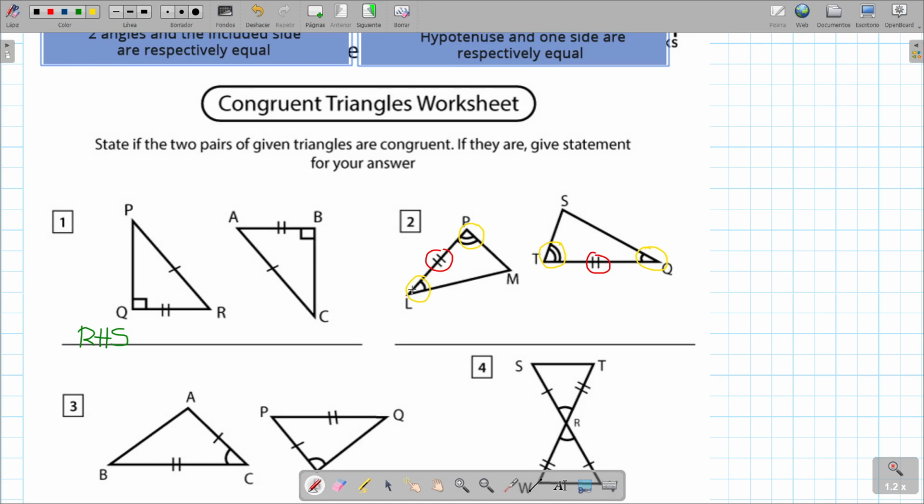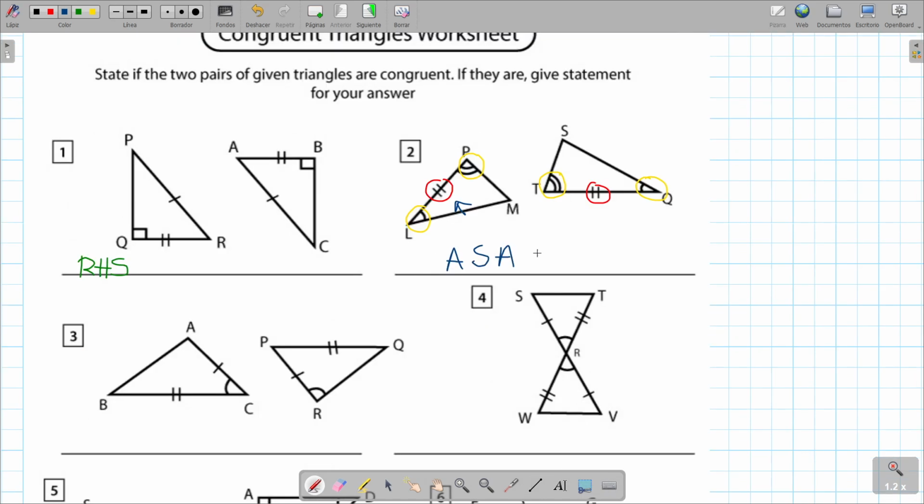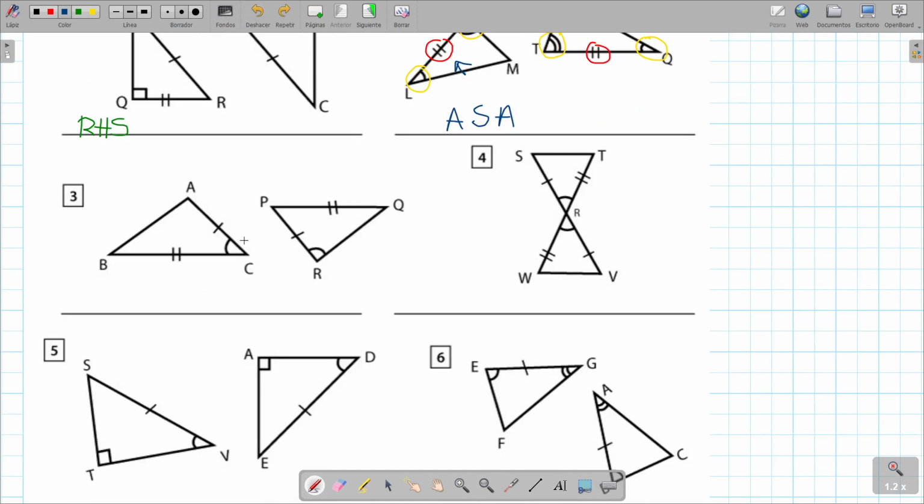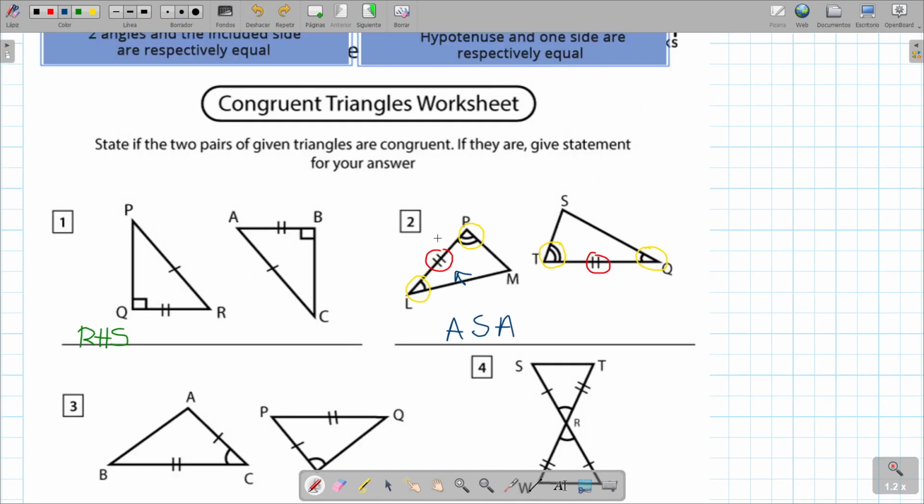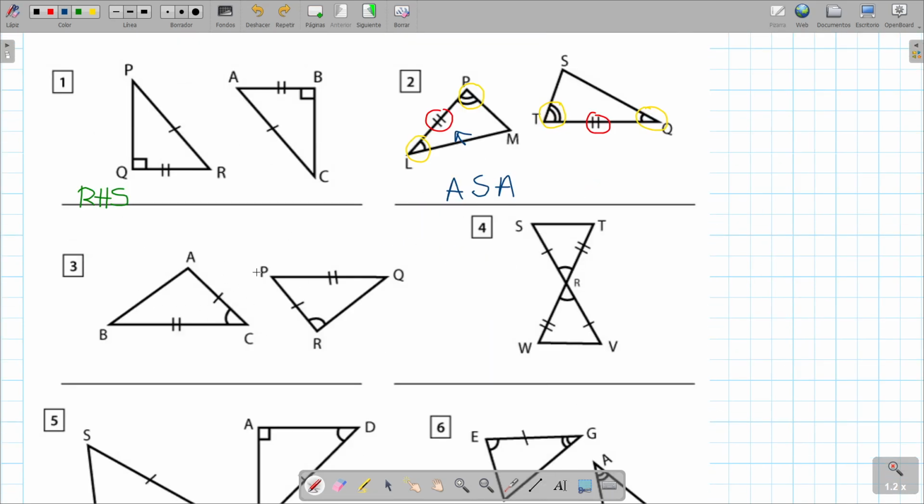So if we have two angles and in the middle we have the same side, this is going to be angle side angle. The side should be in the middle, which is very similar to the following one.